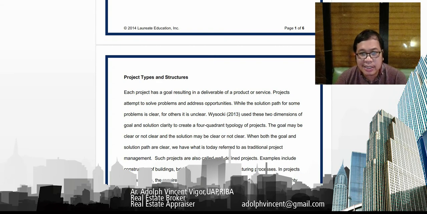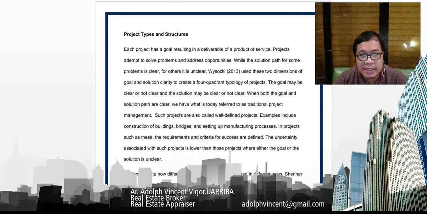In projects such as these, the requirements and criteria for success are defined. I think the common success requirements are that you finish the project on time, on cost, and on quality, and right now, because we are experiencing some problems related to sustainability, of course, sustainable development objectives will be integrated now.